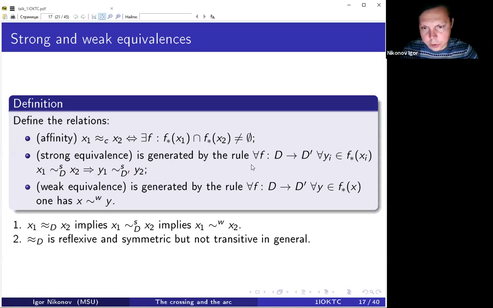And then we also have a weak equivalence, which includes elements of all diagrams. If we have, for example, a crossing and apply some Reidemeister move and get another crossing of another diagram, we say that the original crossing and the crossing in the other diagram are weakly equivalent.